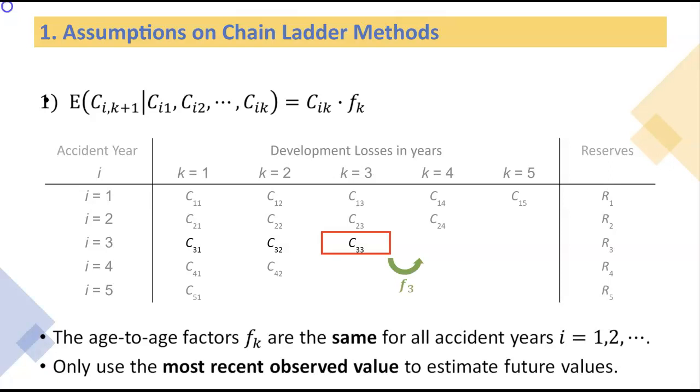The chain ladder method also assumes the expected claim amounts only depend on the previous year's amounts. So we only use the most recent observed values to estimate future values. This implies that the successive development factors are not correlated.